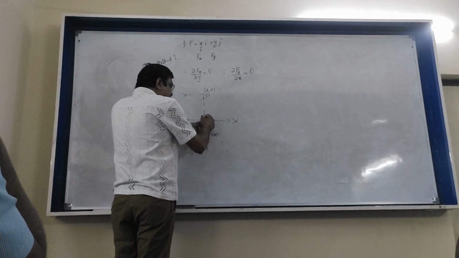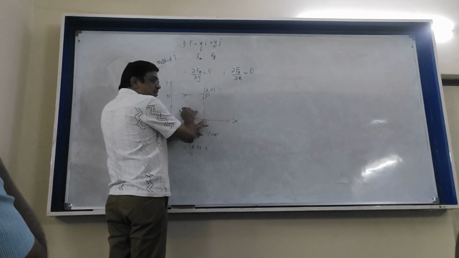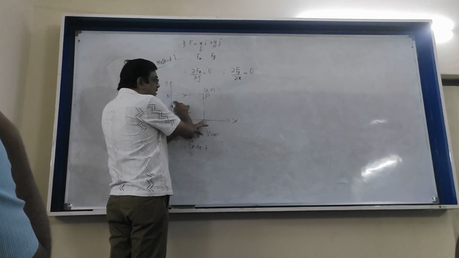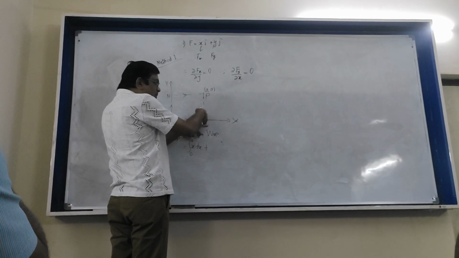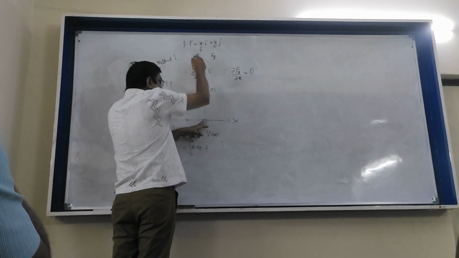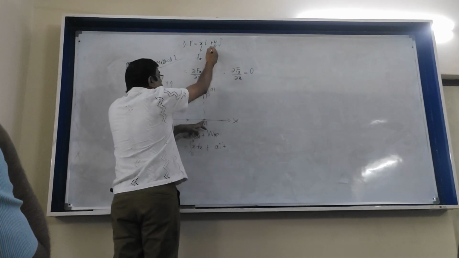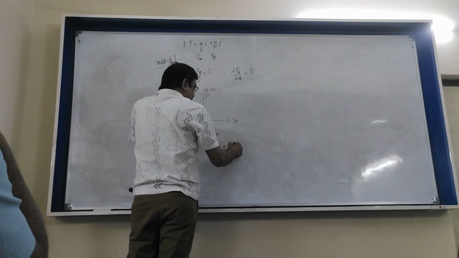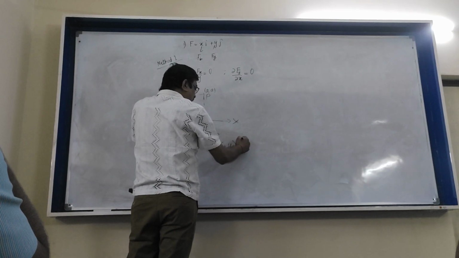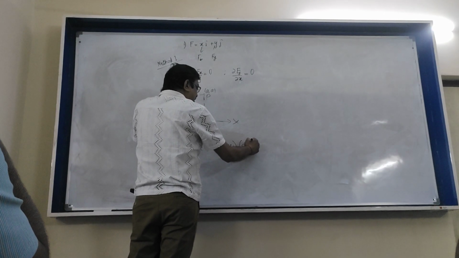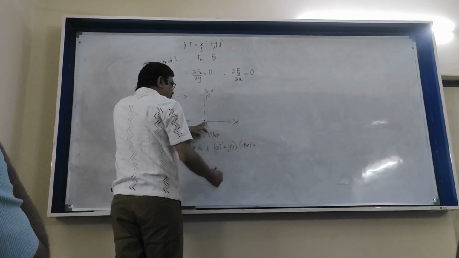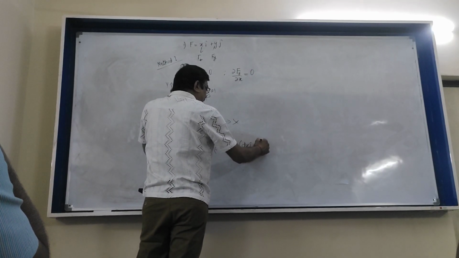Now when it is here, x is already fixed. How much is x? x is a. Only y is changing. Force into displacement vector, where the elementary displacement vector is dx i cap plus dy j cap.